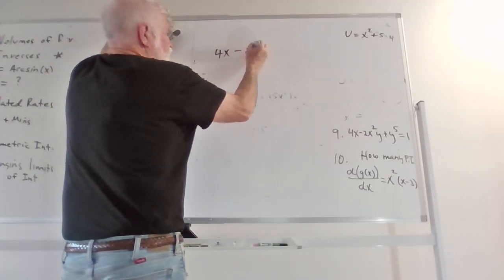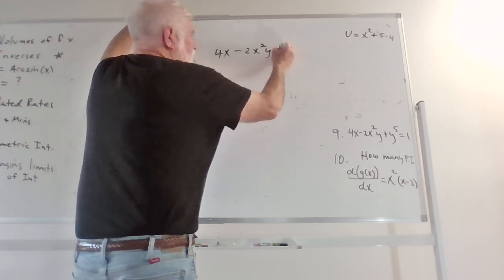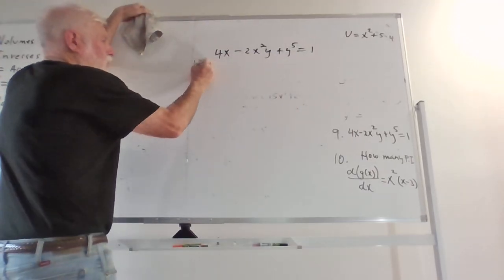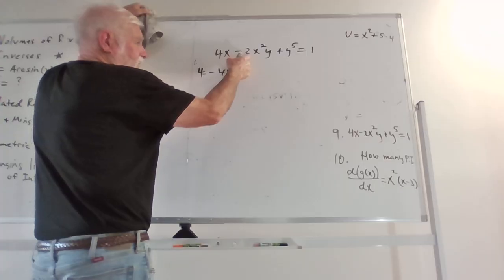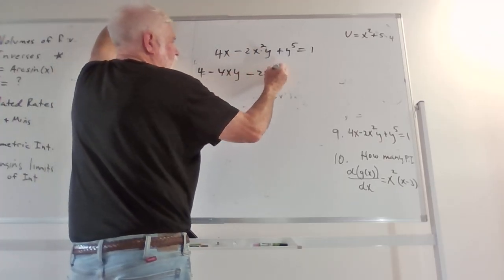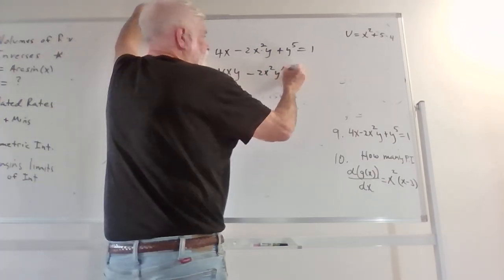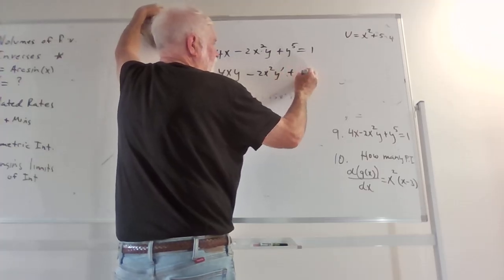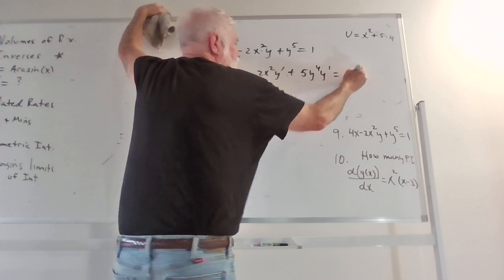4x minus 2x squared y plus y to the 5 equals 1. I got 4, the dx's cancel. Minus 4xy, the dx's cancel on the product rule. Minus 2x squared y prime. dy divided by dx gets us that. The dy here gets divided by dx, so 5y to the 4 y prime equals 0.